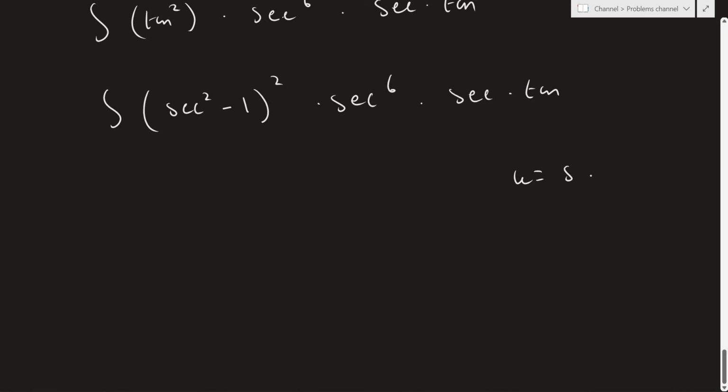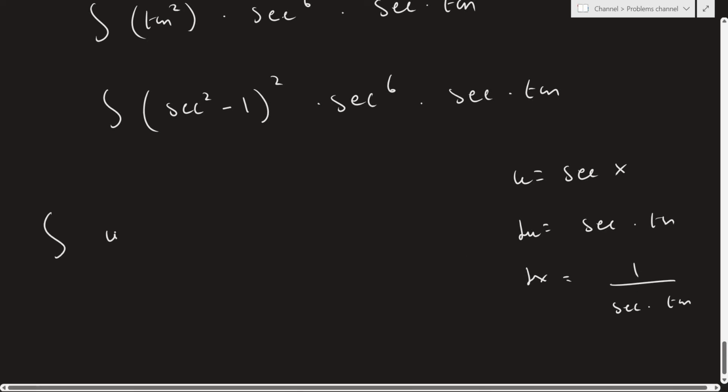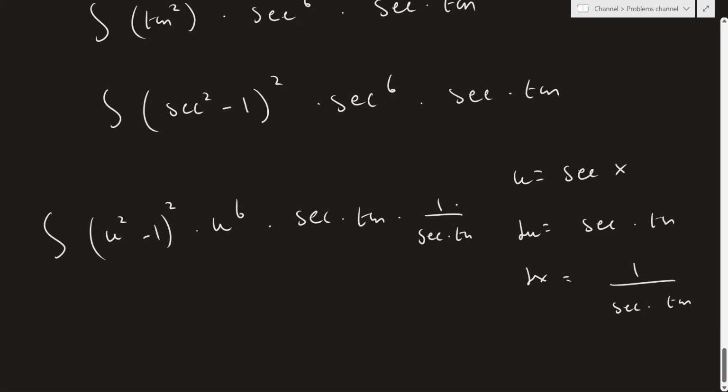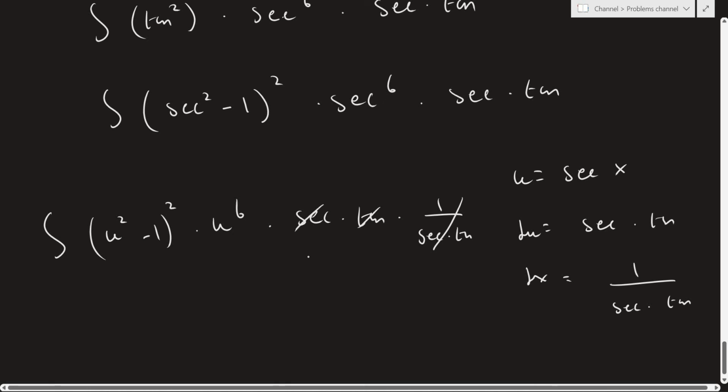So du will be secant times tan, so dx will be the opposite, 1 over secant times tan. So let's rewrite this. It's going to be u squared minus 1 squared times u power 6 times secant times tan, then times dx, which is 1 over secant times tan. Basically, we're going to cancel this with these.